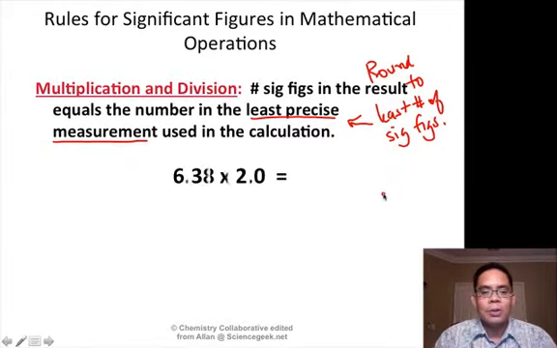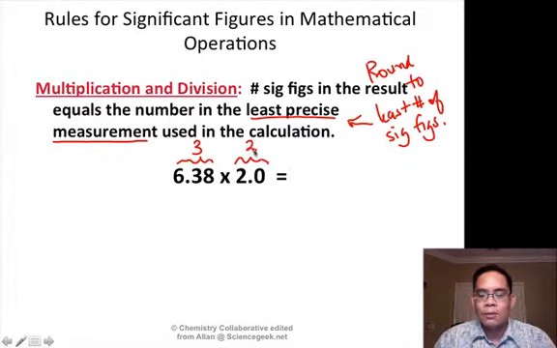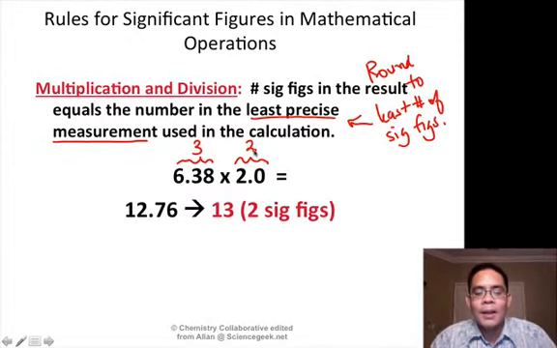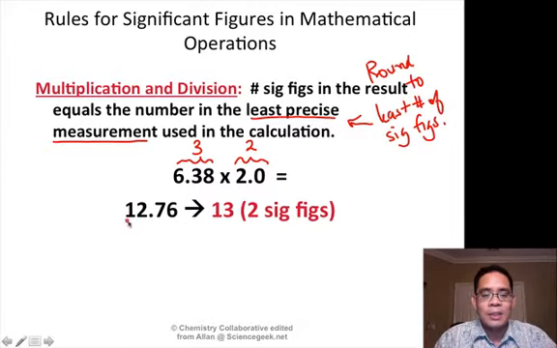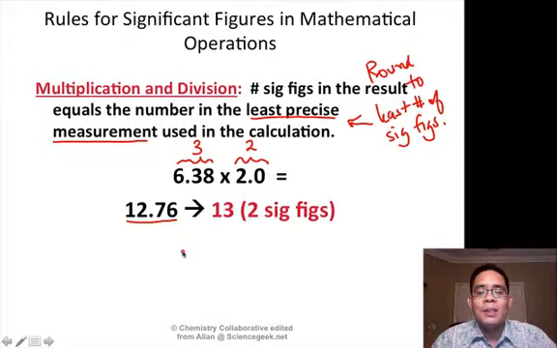When you look at the numbers you're multiplying, here we have an example, 6.38. This of course has 3 sig figs. 2.0 has 2 sig figs. After you multiply that, you're going to get 12.76 on the calculator. If you write 12.76, you are miscommunicating the level of accuracy of your numbers and the level of uncertainty.